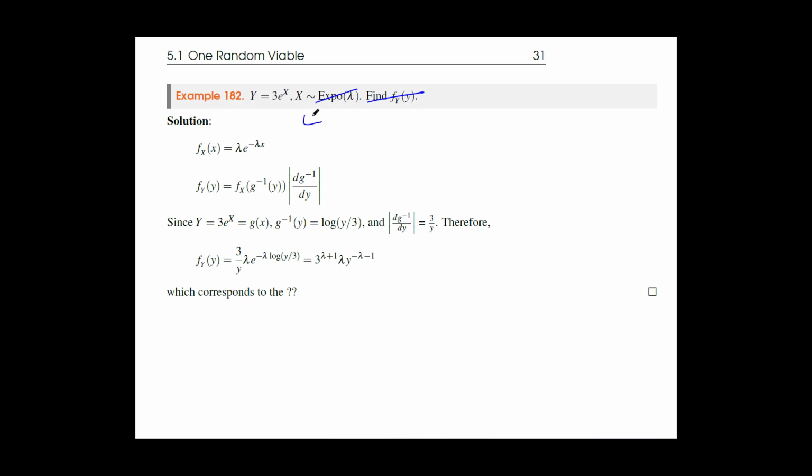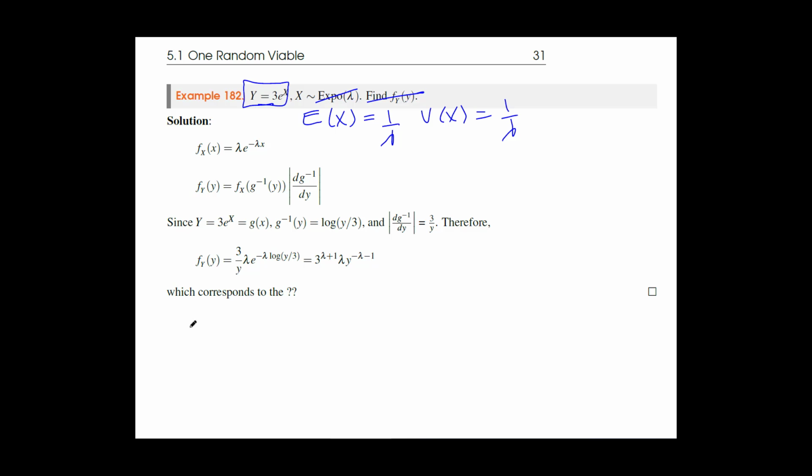All we know in this case is that E of x is 1 over lambda, and also the variance of x is 1 over lambda. So in this example, we have this function, and all we know about x is the mean and variance. And let's see how we do. The question is, what is the expected value and variance of y?